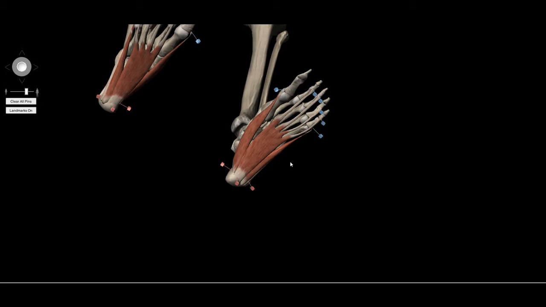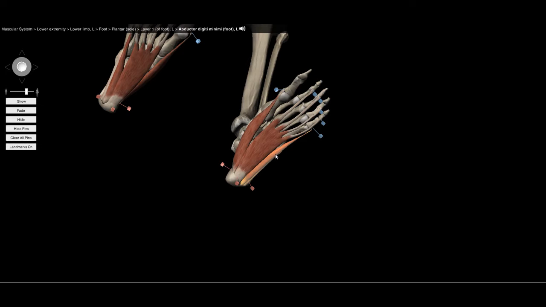We can look at the intrinsic muscles in the plantar surface of the foot in terms of the layers in which they reside, and the first layer of the plantar group is the abductor digiti minimi.